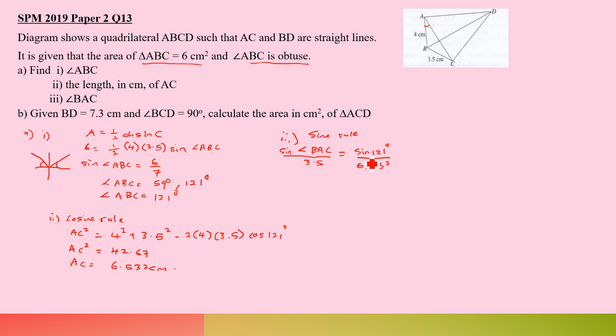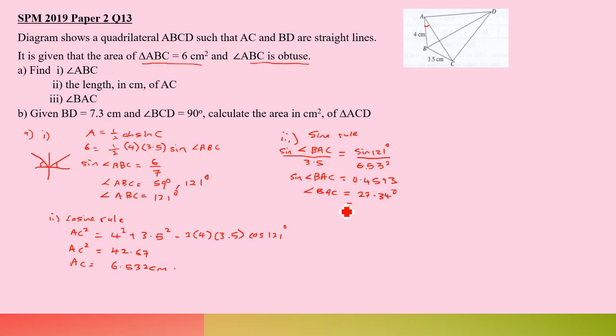Okay, so with this, work it out, bring it across. What you have is sine of angle BAC equals 0.4593. I'll just round it to 4 decimals. Then you find the inverse of sine using your calculator. So your angle will be 27.34 in degrees, but normally we leave the answer in degrees and minutes.